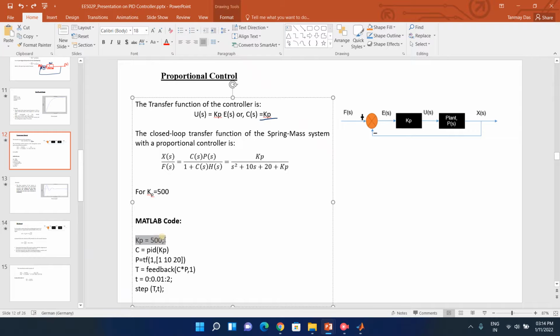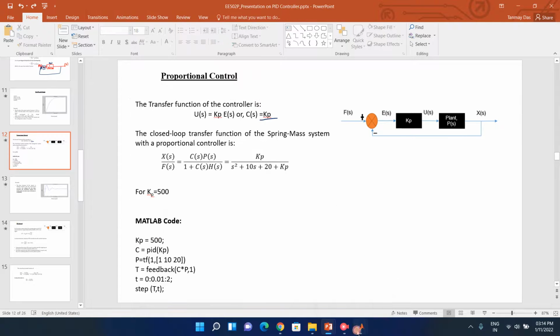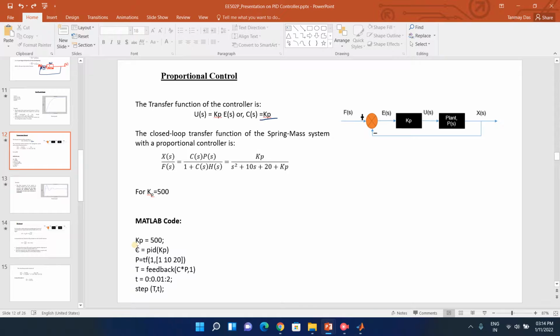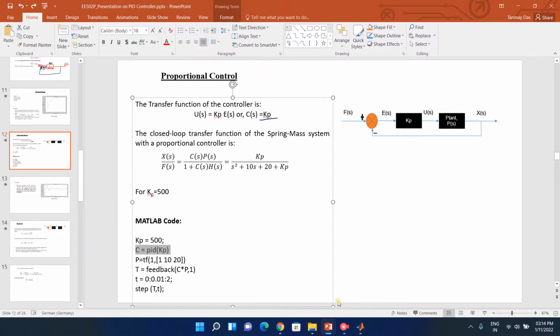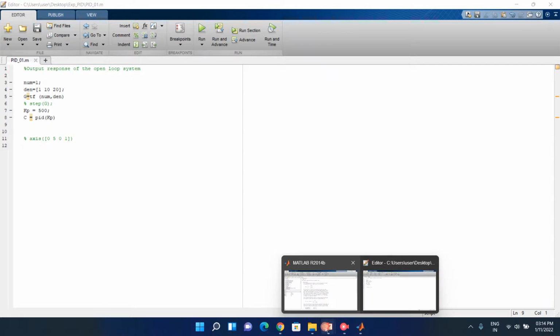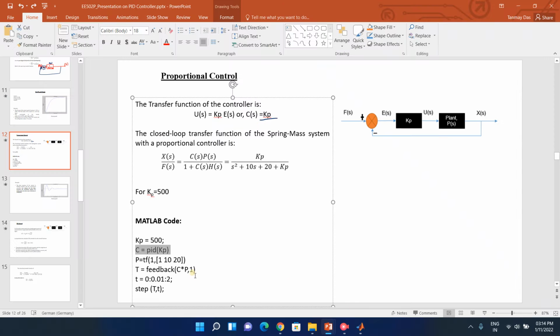The MATLAB code is: first we define KP. What we are doing is adding the proportional controller, we are adding KP. Now C equals PID KP, C equals PID KP, okay.